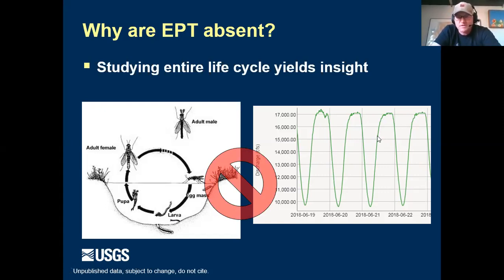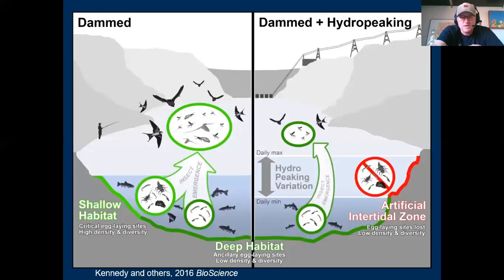That's what's shown on the right here, a typical daily flow regime where you have flows low at night because power demand is low, and then the flows come up every day. And we think that that tide is actually killing these insect eggs that are laid along the margins. And we think that's why EPT, the mayflies, stoneflies, and caddisflies, are sort of absent.